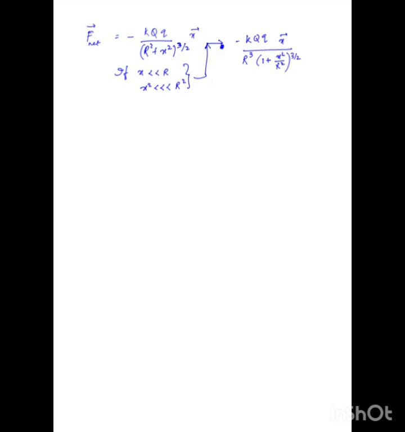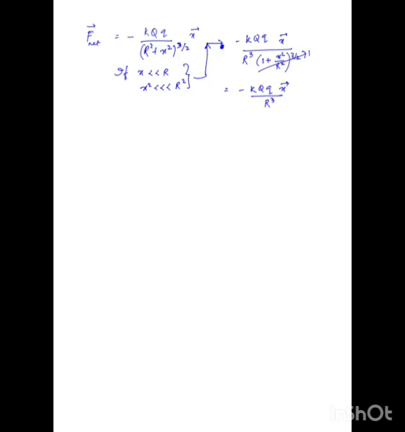Now compared to this 1, x squared over r squared is negligible, because 1 is much greater than x squared over r squared, so it doesn't really matter whether you add that or not. So this is going to be the expression for the attractive force acting on it, and as you can see, it is directly proportional to x over here as well.